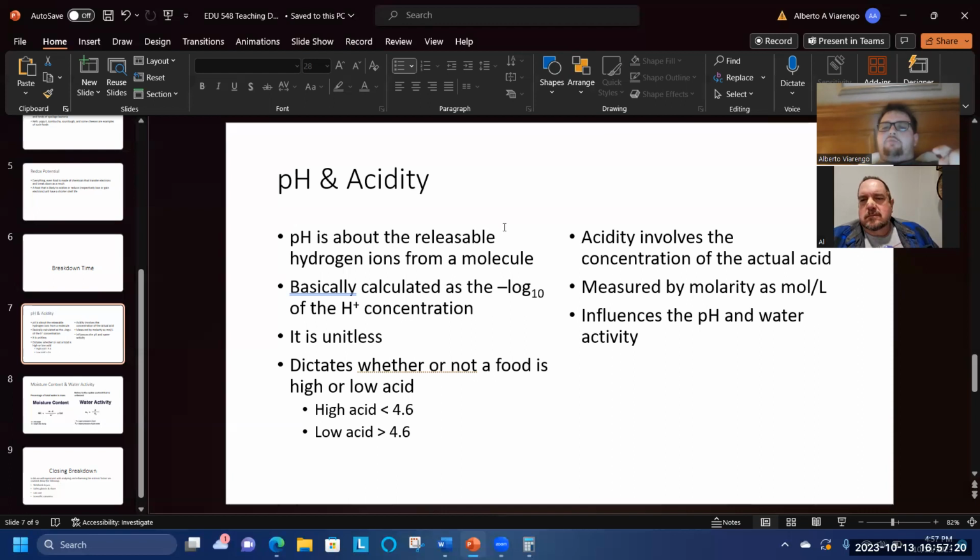Now we went over pH, but acidity itself involves not the concentration of the hydrogen ions, but the actual acid that releases the hydrogen ions. For example, sulfuric acid, which obviously is not added to food, but let's use that as an example. Sulfuric acid contains 2 hydrogen ions that can be released.